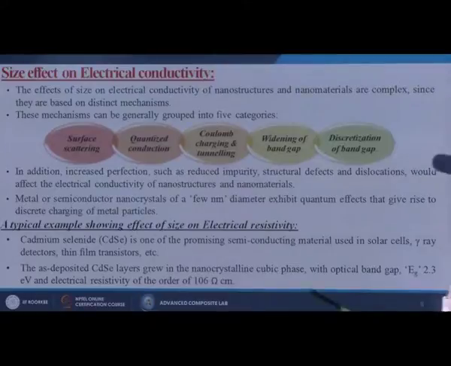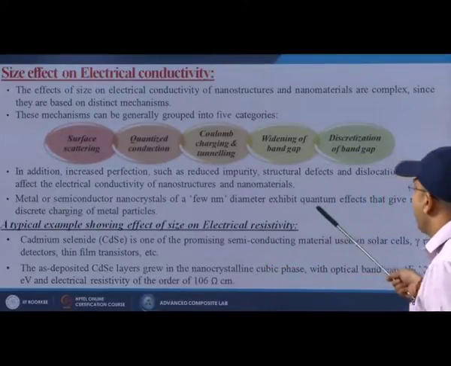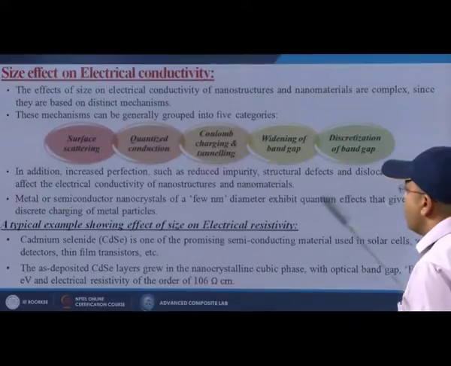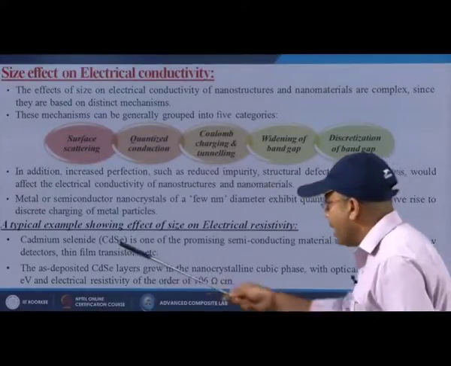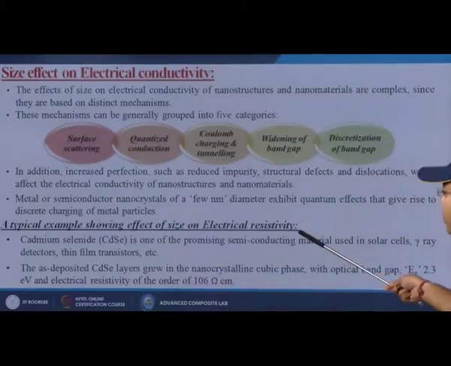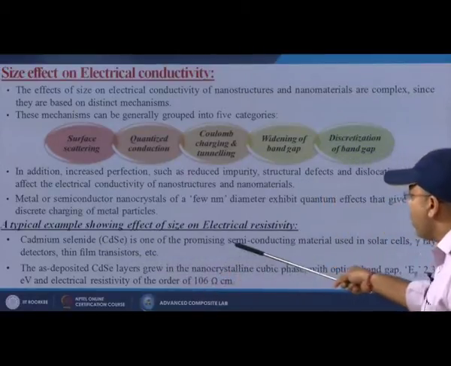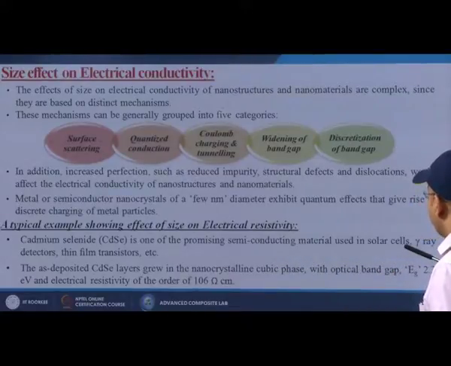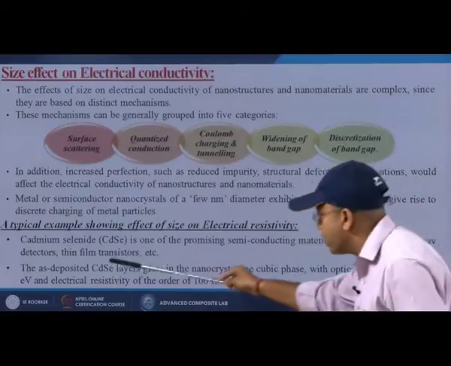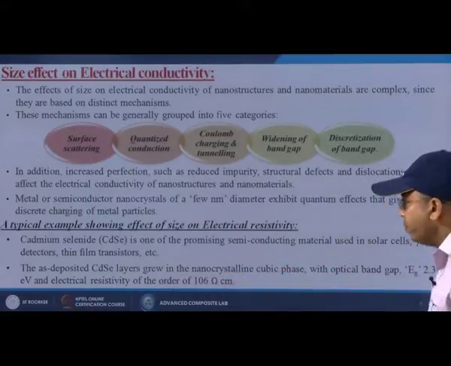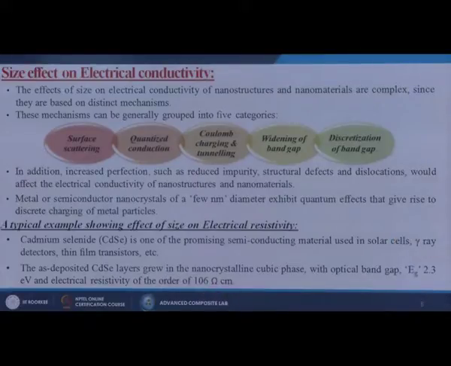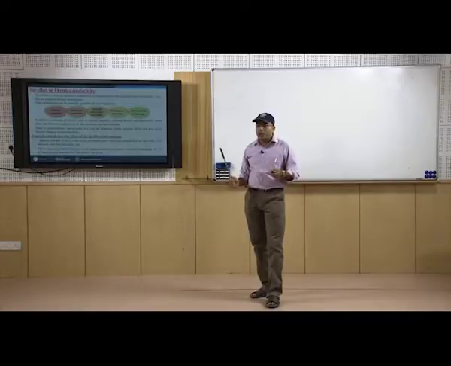Metal or semiconductor nanocrystals of a few nanometer diameter exhibit quantum effects that give rise to discrete charging of metal particles. A typical example showing the effect of size on electrical resistivity: cadmium selenide is one of the promising semiconducting materials used in solar cells, gamma ray detectors, thin film transistors, etc. The as-deposited cadmium selenide layers grew in the nanocrystalline cubic phase with an optical band gap of 2.3 electron volt, and electrical resistivity of the order of 10^6 ohm-centimeter. So, these are all the values.